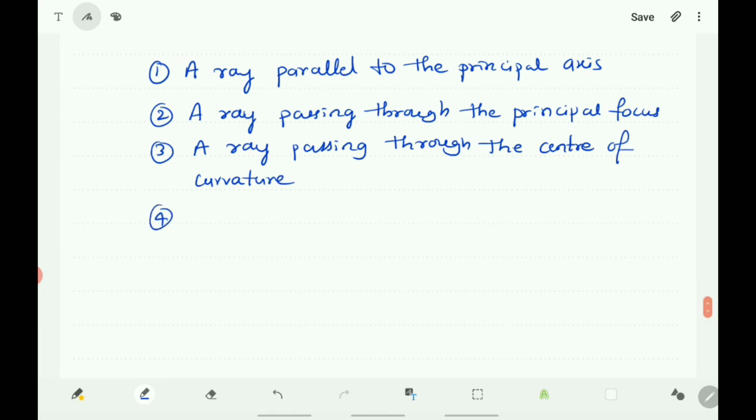Fourth, a ray incident obliquely to the principal axis.